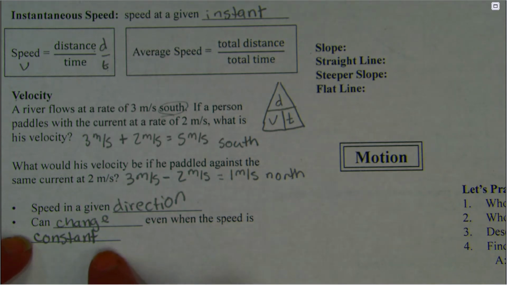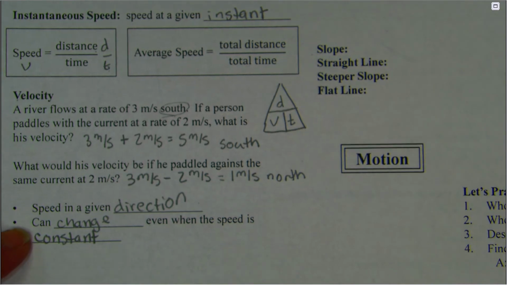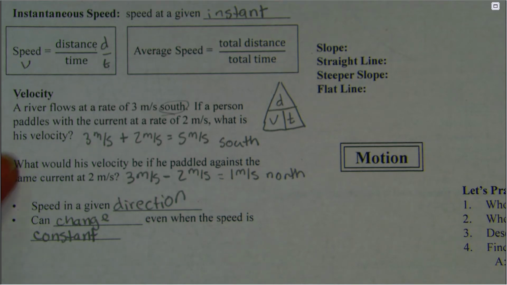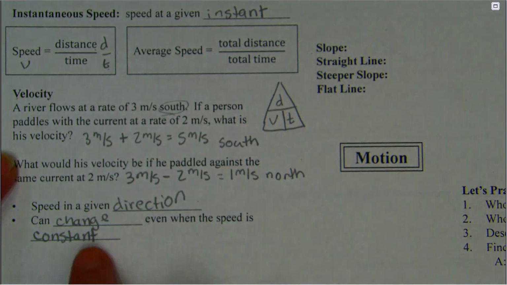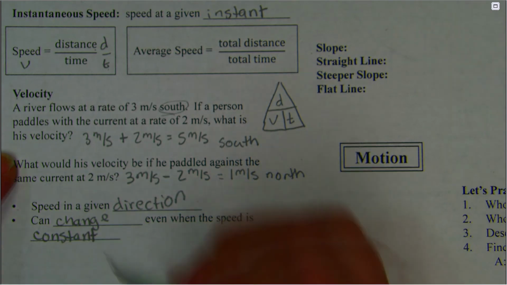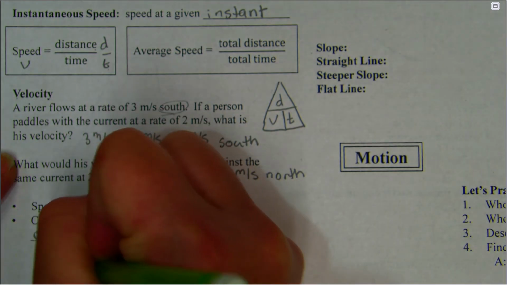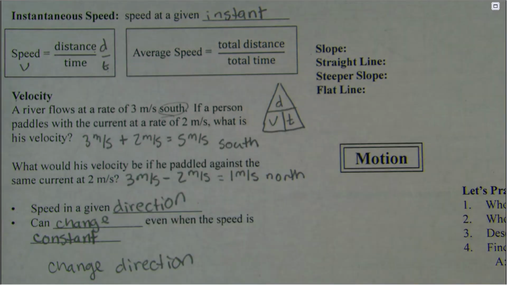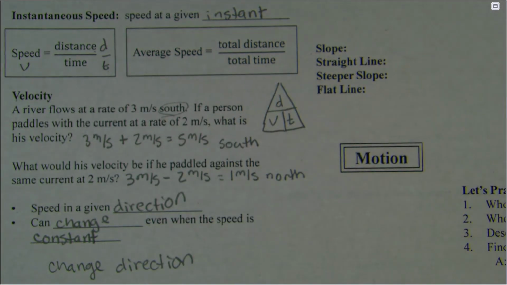What? How can that happen? Remember, velocity includes two things. It includes speed, and it includes the direction. So we can keep a speed constant, but change direction, and that will ultimately overall change your velocity.